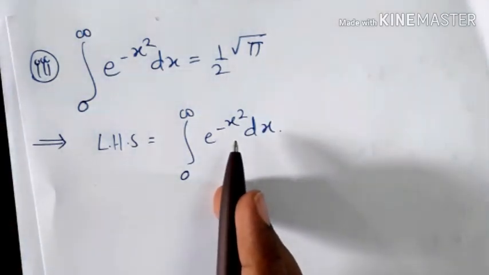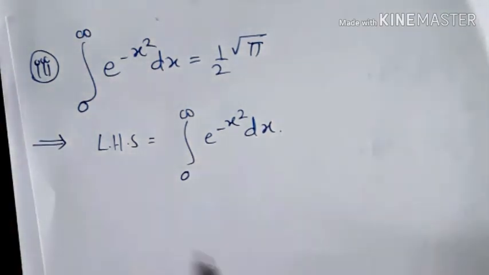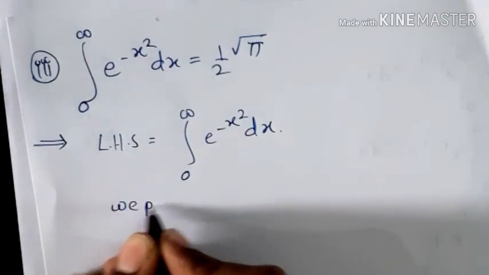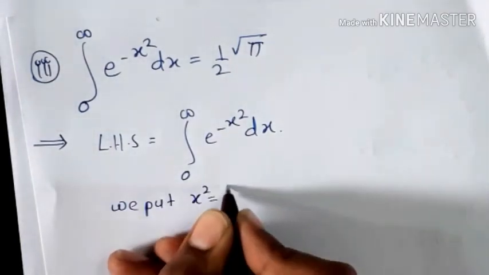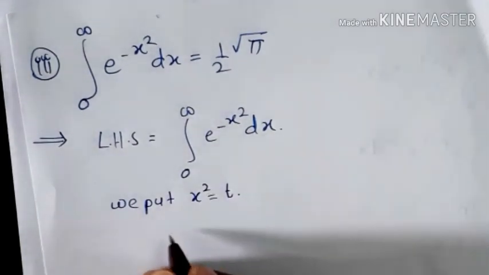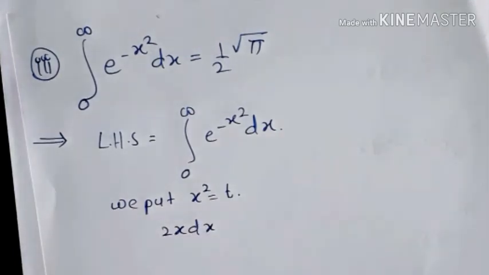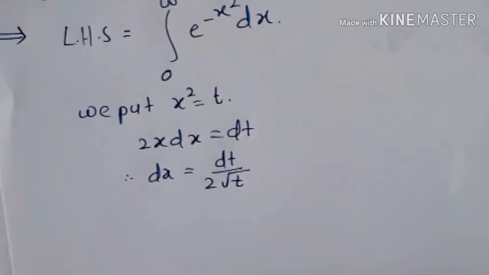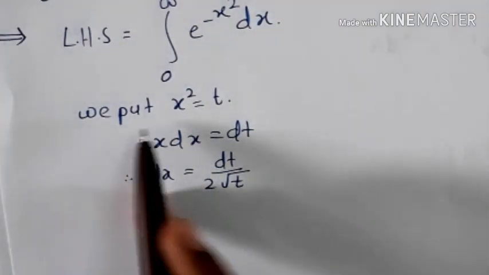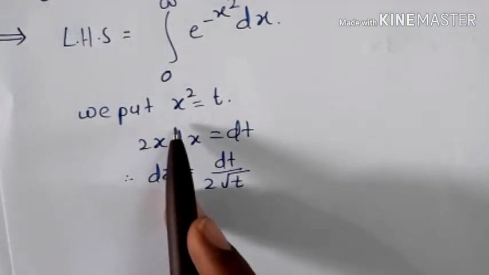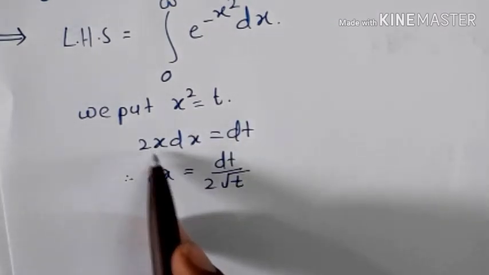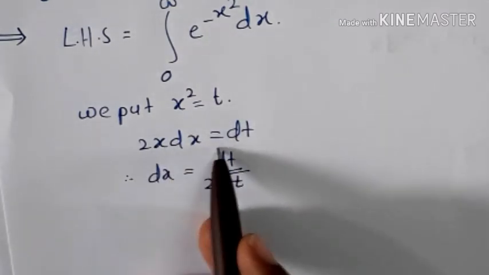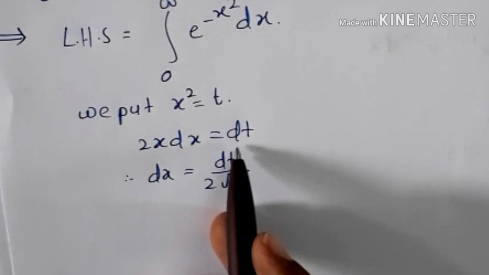So what we do here is we put x squared equal to t. On differentiating we get 2x into dx equal to dt.